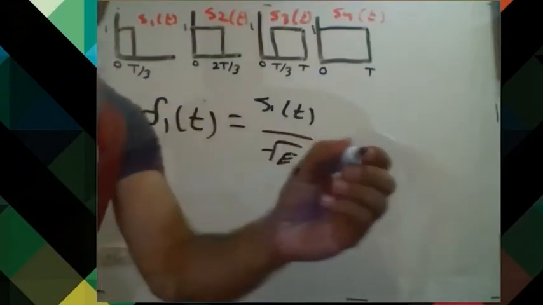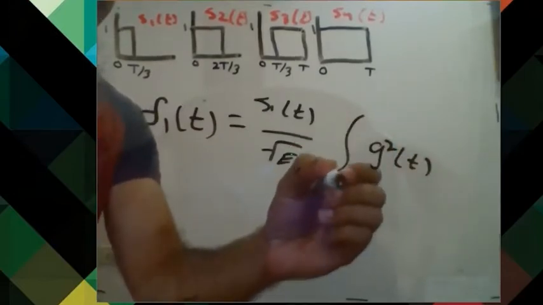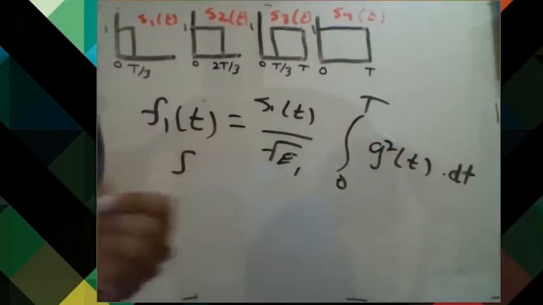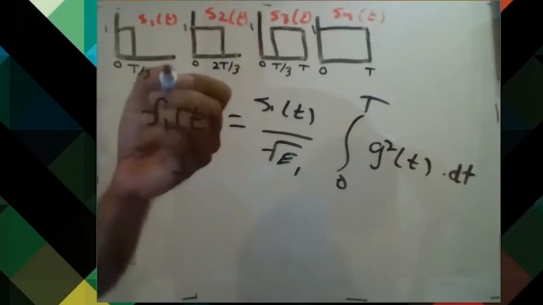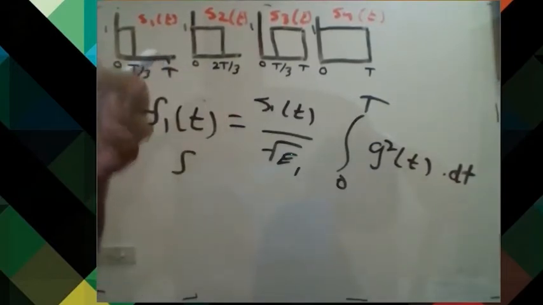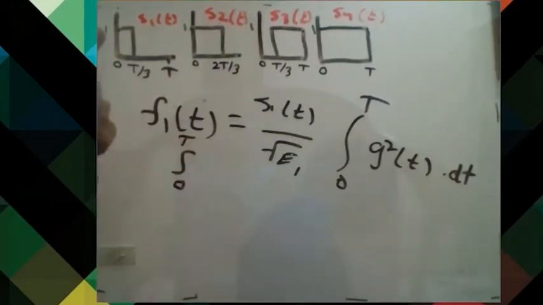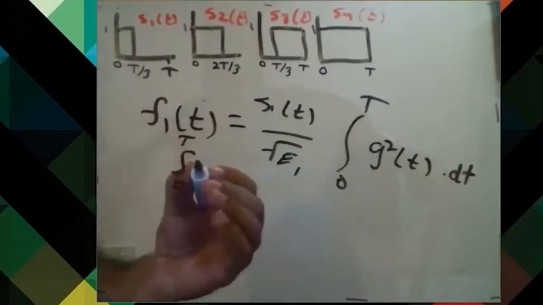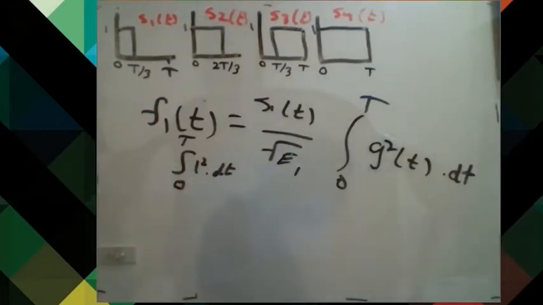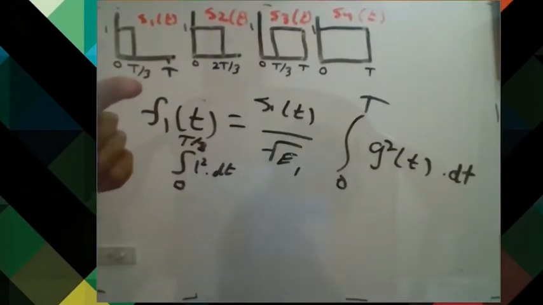I will use this formula as a reminder for calculating the energy of a signal. I will integrate from 0 to T/3, because the signal is not present from T/3 to T. The magnitude of the signal is 1, so I take the square of 1, which is 1, and integrate it up to T/3.